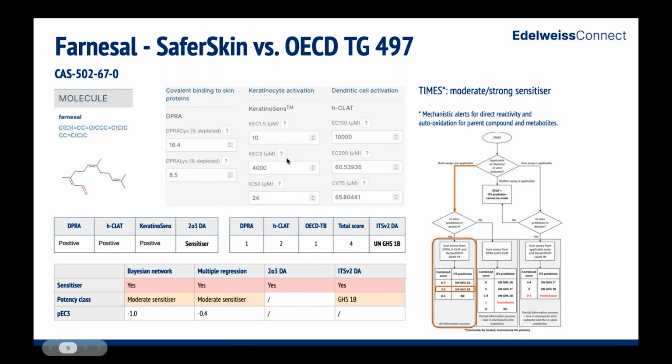Within the Bayesian network, TIMES is a predictor, and it's the main contributor within the Bayesian network. So for Farnesal, TIMES also classified Farnesal as a moderate and strong sensitizer. So this is a very good example where all the approaches classify Farnesal as sensitizer.